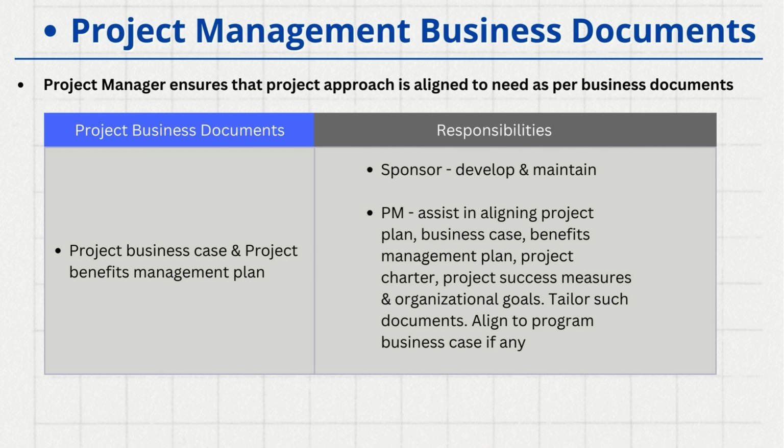That's where the project manager comes into the picture, to establish an overall alignment with the business case. Ultimately, the business case and the benefits management plan are the most important documents from a business perspective. Whatever activities are performed on the project need to align with these, so that they help achieve the ultimate objective of the business. That's where the project manager plays a critical role.